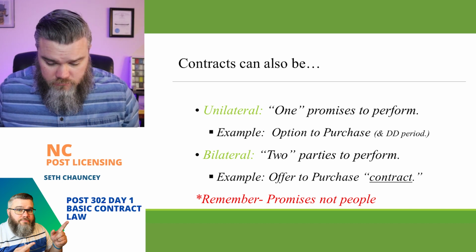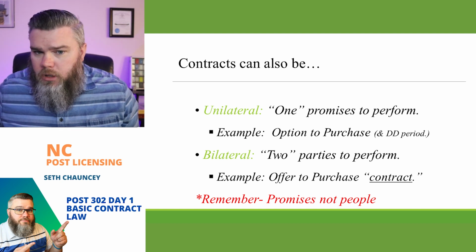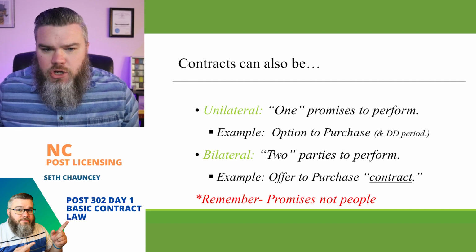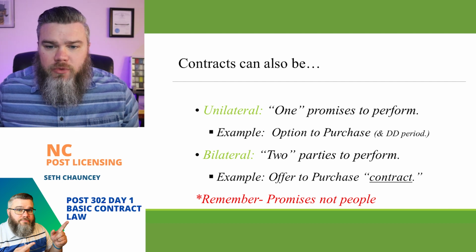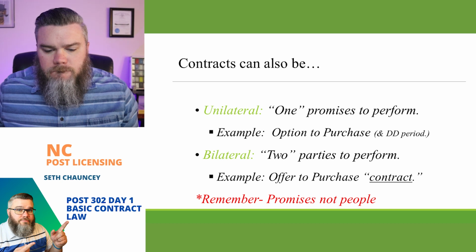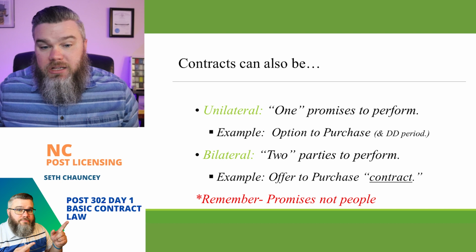They didn't do what they were supposed to do. Okay, you've gone past your due diligence period. They were supposed to buy it and they don't. They terminate. So what do we call that? Breach of contract. That's a breach.